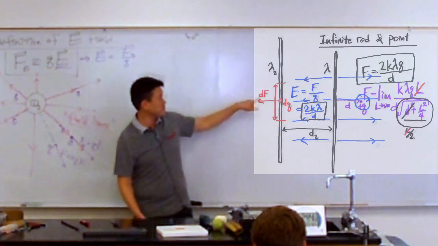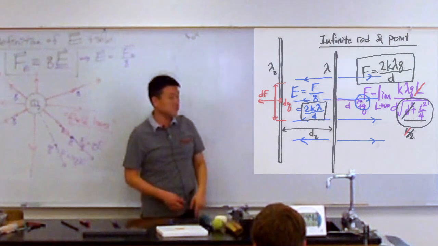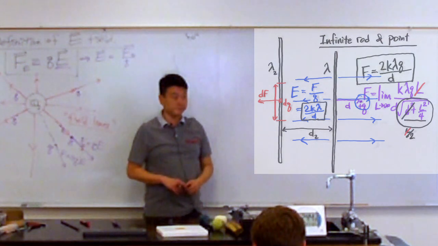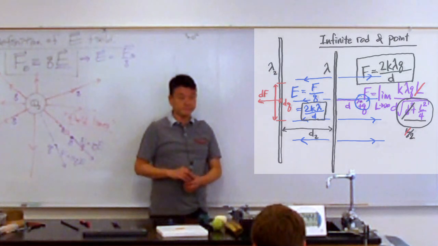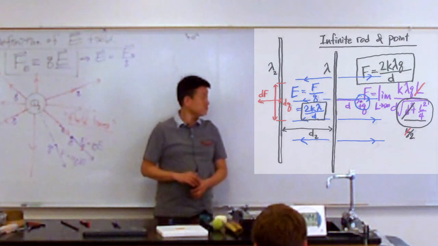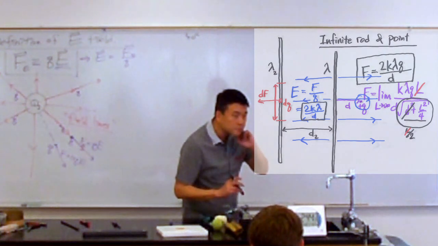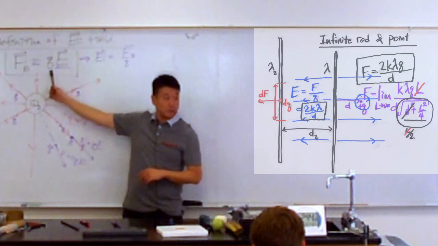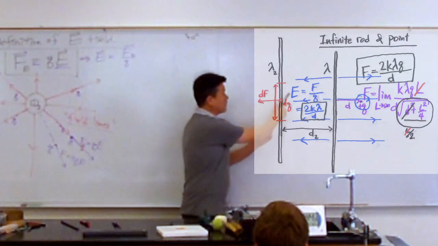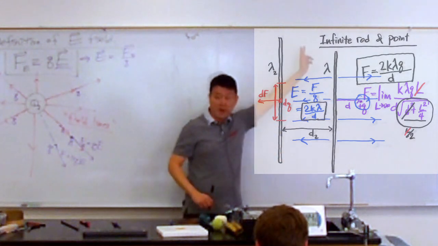So how do you find this small contribution to this small segment of the charge? What was the relationship between force and electric field? Yeah, E dq. So force is field times the charge. So the field at this point is still the field due to this whole line of rod.